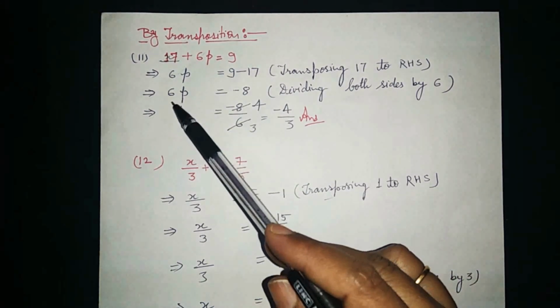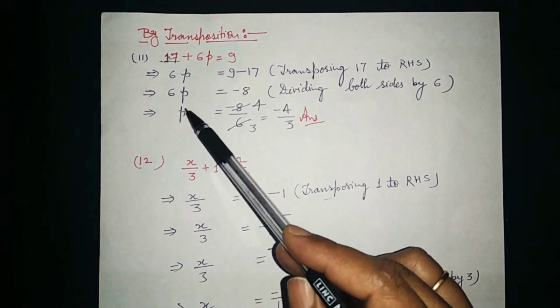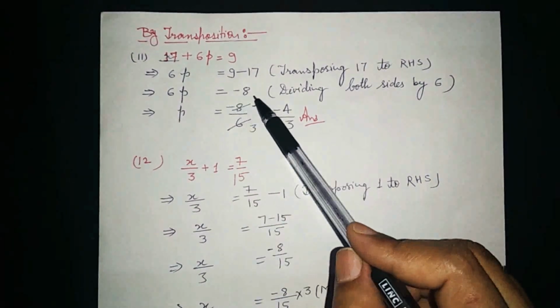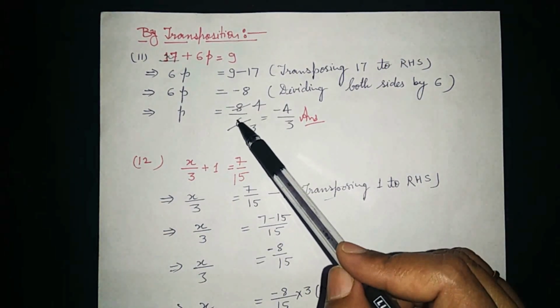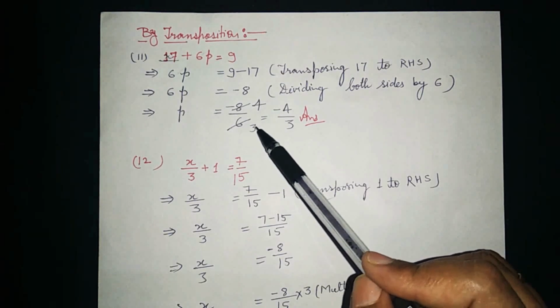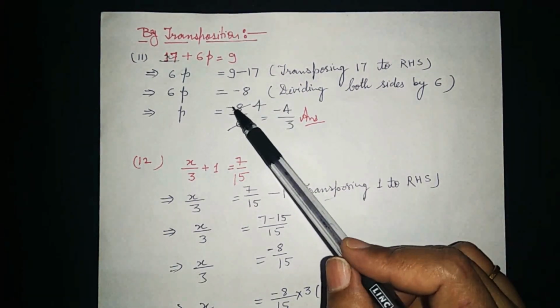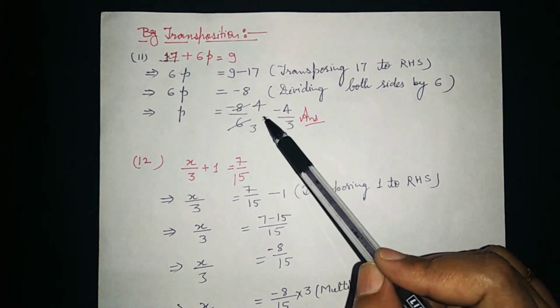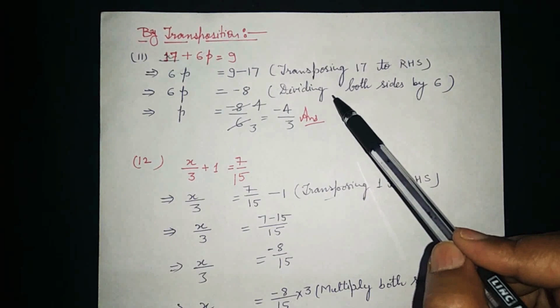If we divide this side by 6, 6 will be cancelled out. And here what will come? p. And right hand side if we divide by 6, then what will come? Minus 8 upon 6. Then 2 3s are 6 and 2 4s are 8. And this minus sign is also there. So the answer will be minus 4 upon 3.